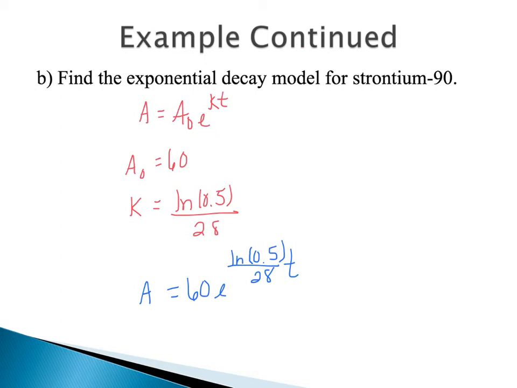They'll take a sample and figure out how much carbon-14 is left, and then they'll be able to use a formula similar to this and date it back using the rate for carbon-14. So this right here is your exponential decay model for strontium-90. It's just saying, okay, using what we got for K, what's our general formula to use?